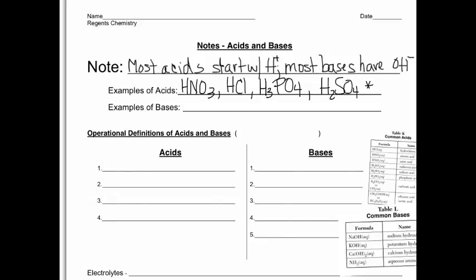And I'm just going to put here Table K. And then for our bases, we have NaOH, KOH, and then NH3 aqueous. And those you can see in Table L.